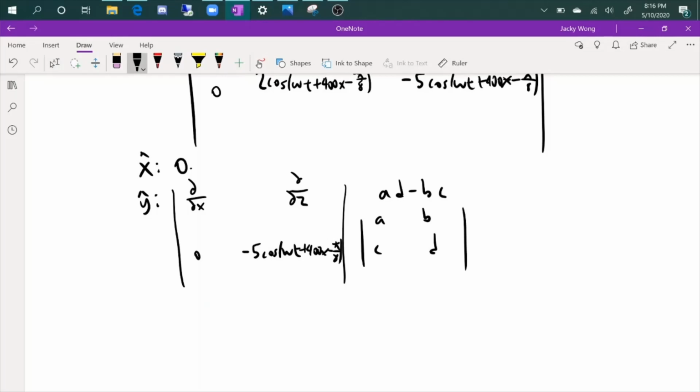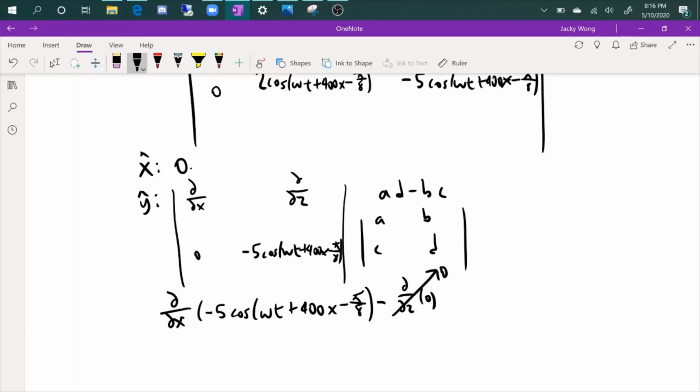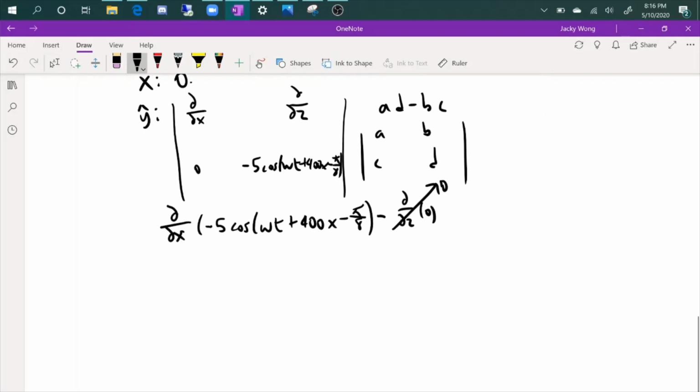So let's solve the y using what we just showed you. Partial d dx times negative 5 cosine(omega t plus 400x minus pi over 8). That is AD minus BC, which is d dz times 0, which is 0. Solving this is taking the derivative of negative 5 cosine.